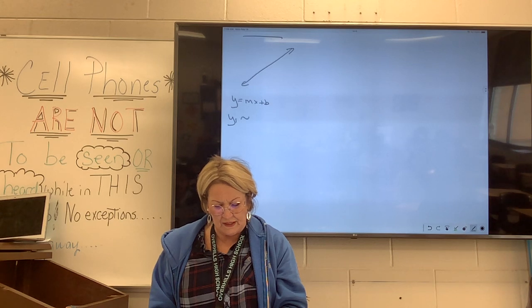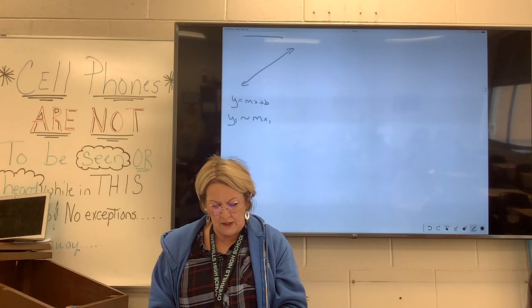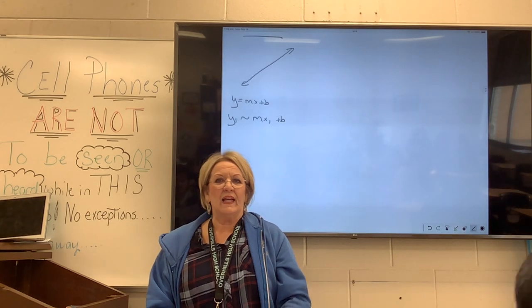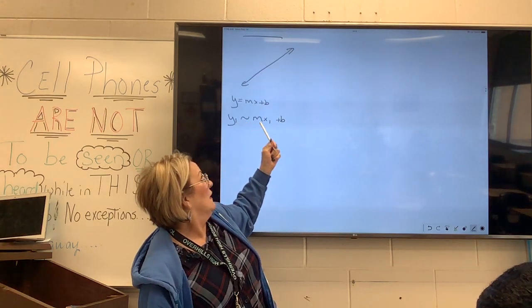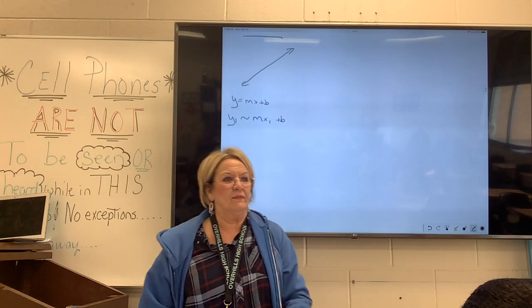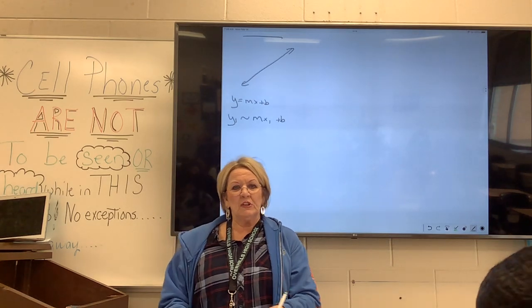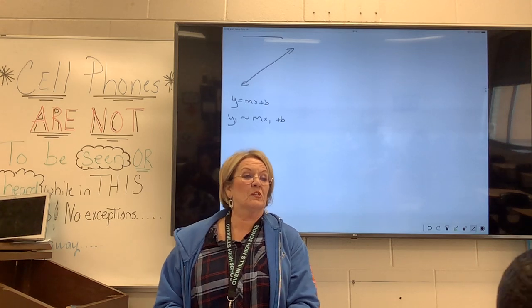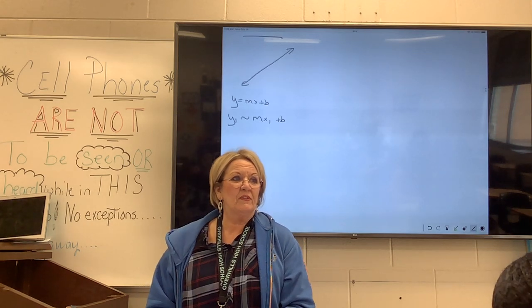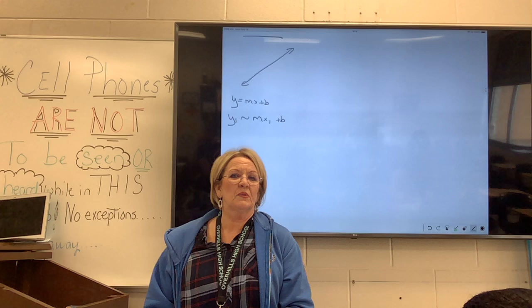Y1 tilde mx1 plus b. That's what it's going to look like. You're going to be using tilde to get equations. You're going to use tilde when we start comparing data. You'll become very familiar with tilde.